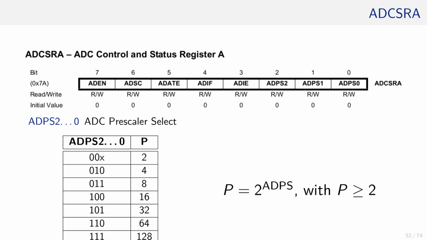ADPS2 to ADPS0 are settings for the prescaler, which is 2 to the power of the value in ADPS. Unfortunately, the 13 clock cycles mentioned earlier that the ADC needs to sample an analog value are not in the same clock domain as the rest of the ATmega, which runs at 16 MHz currently.